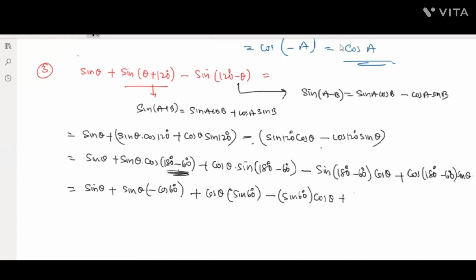So here it will be minus cos 60 into sin theta. If you simplify this one, sin theta plus into minus cos 60, which is 1 by 2. So we'll get 1 by 2 sin theta. Here root 3 by 2 cos theta. Here we'll get minus root 3 by 2 cos theta again. So here minus 1 by 2 sin theta.